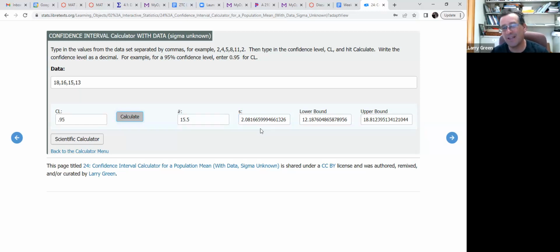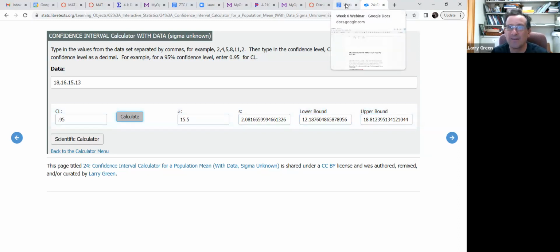Just gave it because when I programmed this, I figured some people want to know these things. But then it also gives you the lower bound and the upper bound, which is about 12.2 to 18.8. Any questions on what I just did? Okay, I tried to make the calculator easy. You just type in your stuff and hit calculate.